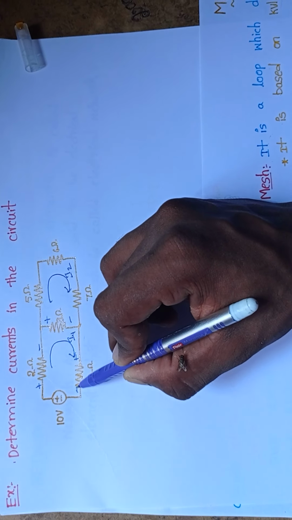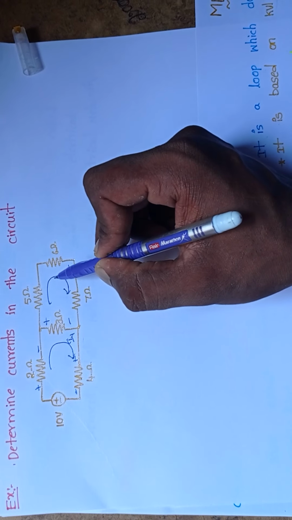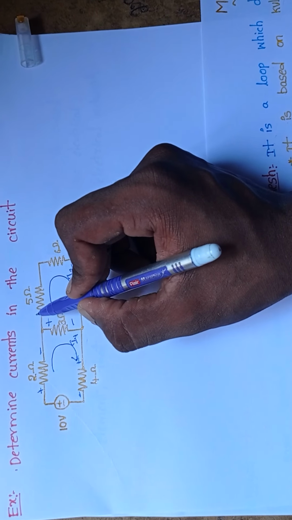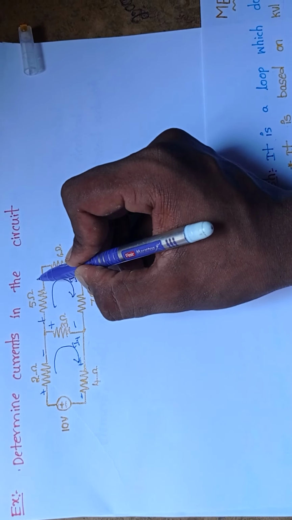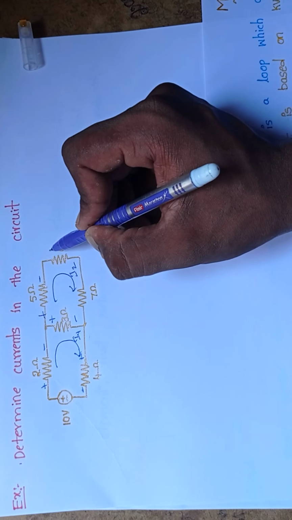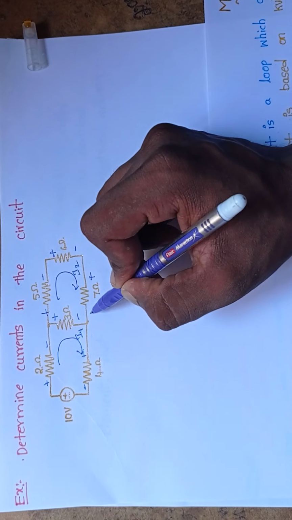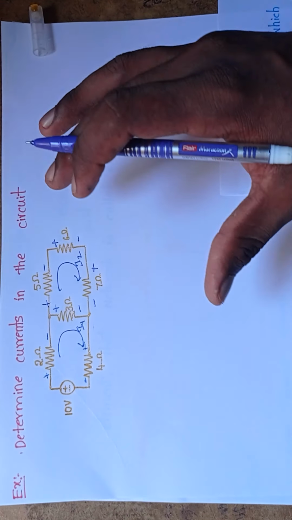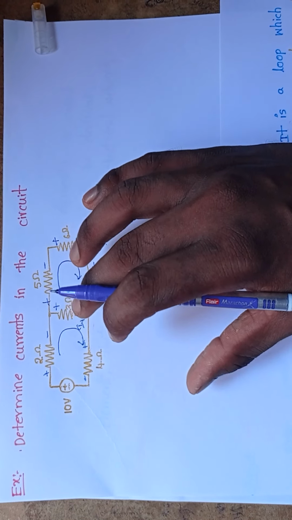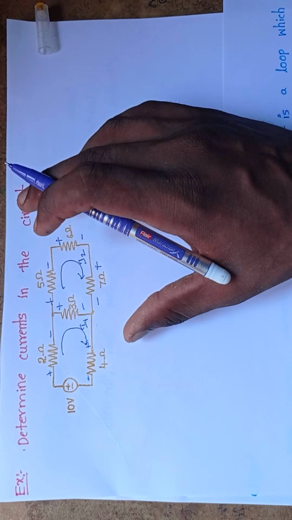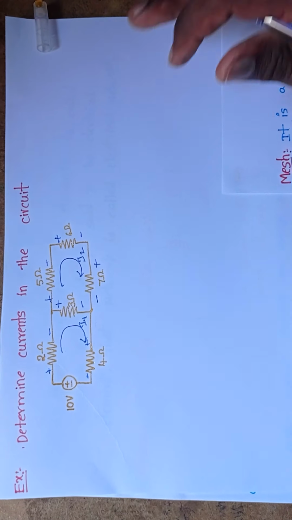Here also we have to mark polarities: plus, minus, and plus, minus. Okay, the third step is completed. We have already marked polarities for each element and source.